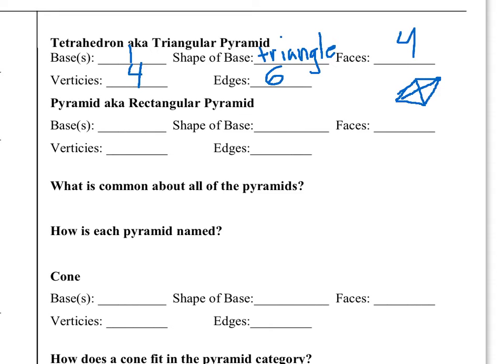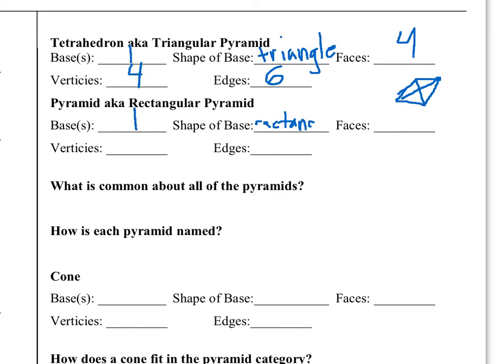That means the last shape that we have remaining is our rectangular pyramid. How many bases does the rectangular pyramid have? 1. The shape of the base is a rectangle.